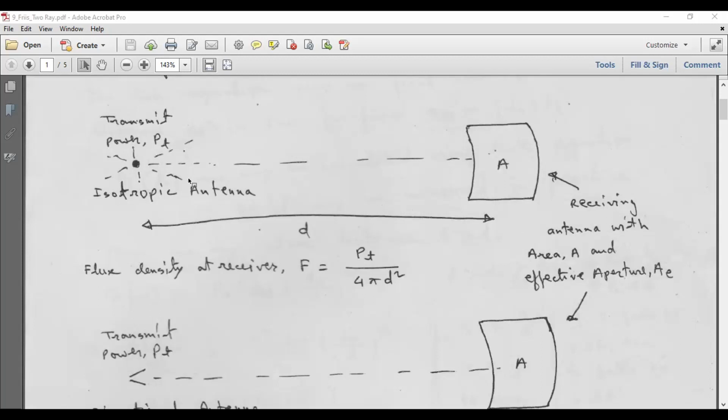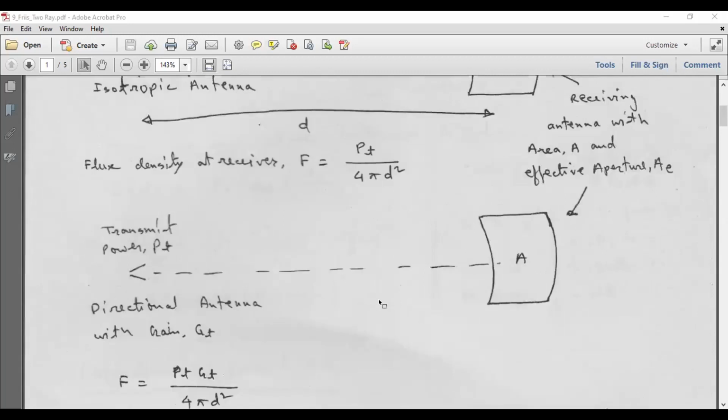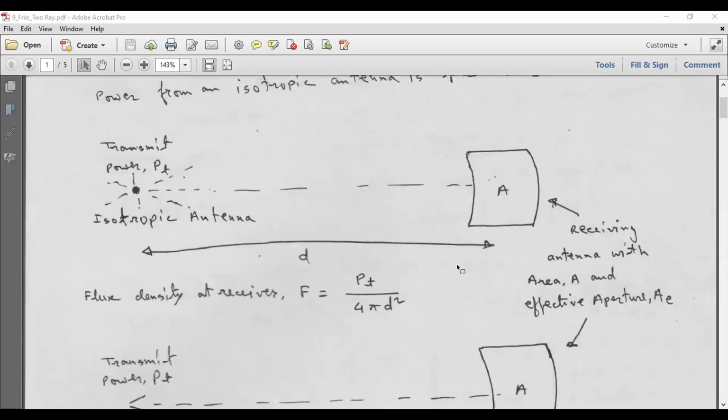So per second you are emitting Pt, Pt joules of energy. So the energy concentration, or power flux density, at the receiver is Pt over 4 pi d squared, right? Let me know if you have any difficulties in understanding. Very simple. No, sir, it's fine.